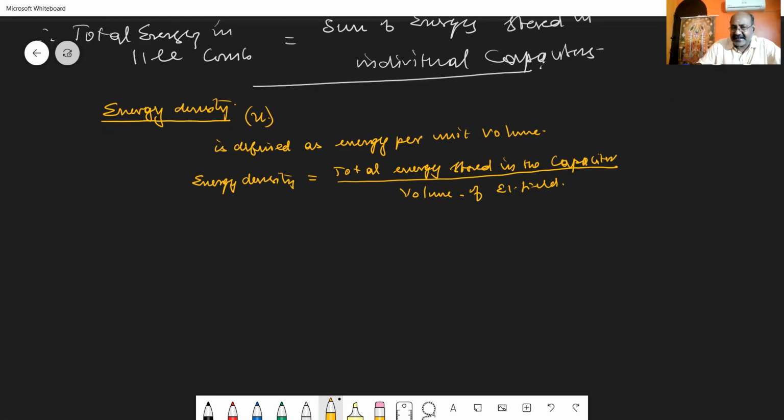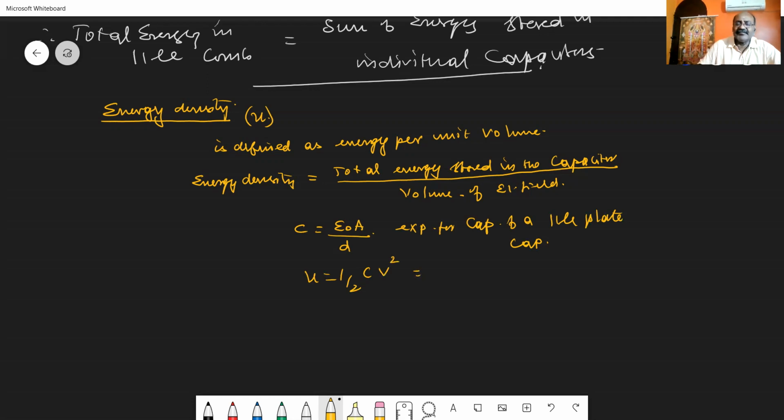Let us consider like this. We know the capacitance C is equal to epsilon 0 into A divided by D. This is the expression for the capacitance of a parallel plate capacitor, isn't it? If you are considering the energy, we know that the energy is half C V square.